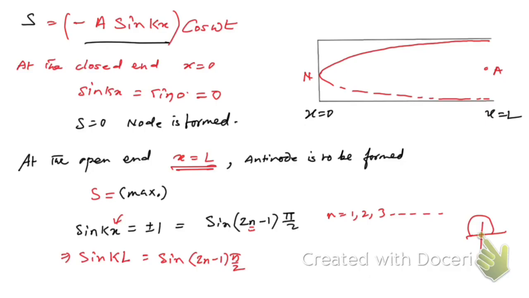So now here you see, comparing both sides, left hand and right hand side, we can write that KL is equal to twice n minus 1 pi by 2, and this value of k, we know that is 2 pi by lambda, 2 pi by lambda here into L is equal to twice n minus 1 pi by 2, right?